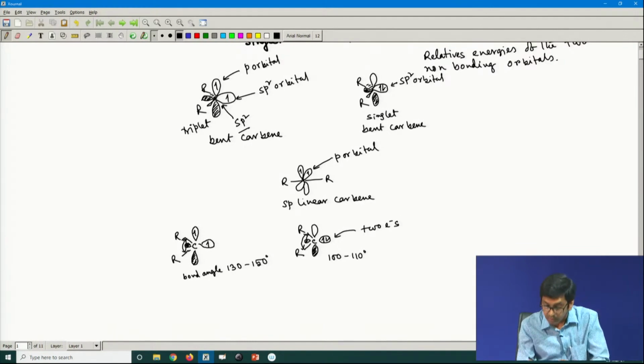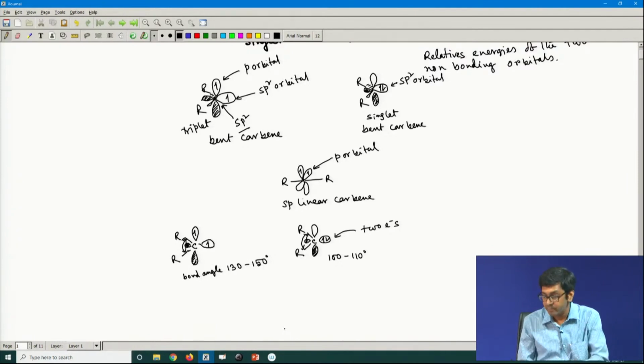Okay. So, there is greater repulsion, and that is why the bond angle decreases and becomes within 100 to 110 degree, whereas in this case there are singly occupied orbitals, so the repulsion is less. That is why the bond angle is higher, 130 to 150 degree. So, these are the geometry and the electronic configurations of these carbenes.